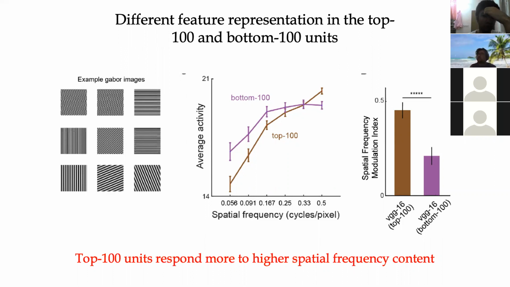This can also allude to some sort of position-dependent part processing, in the sense that these units might be more sensitive to different positions. Whereas what we find in actual neurons in higher visual regions is that they are location invariant, position invariant.